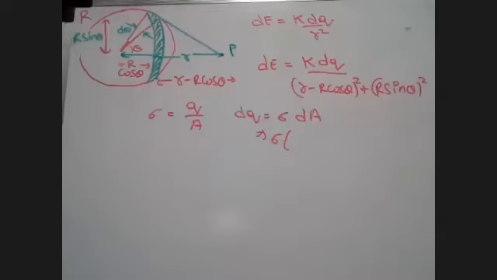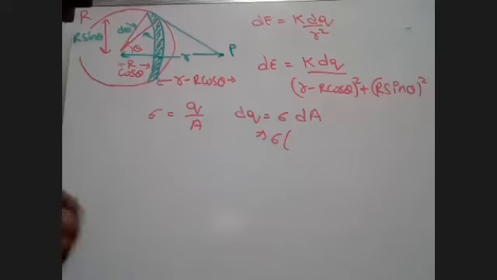The area of the ring can be found by multiplying the circumference of the ring, exactly equal to the circumference of a circle, with the thickness of the ring.